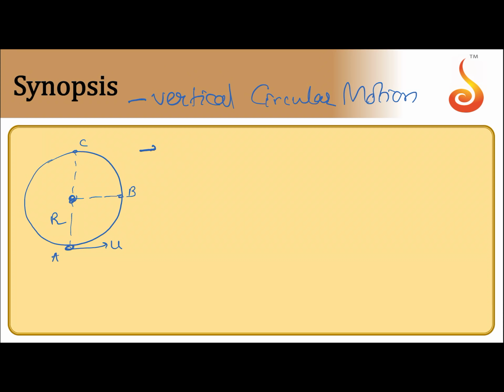Number one, the condition to complete vertical circular motion, VCM, is that the initial velocity must be greater than or equal to root of 5gr. This follows from energy conservation, of course. From energy conservation, at A and at C you can get this result, and the condition to complete vertical circular motion is u must be greater than or equal to root 5gr.